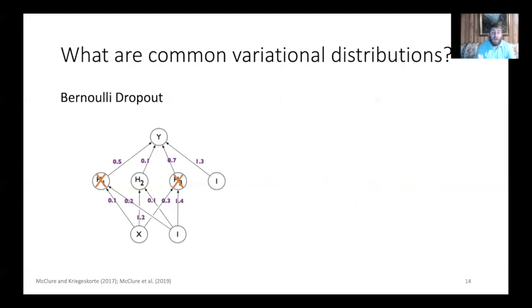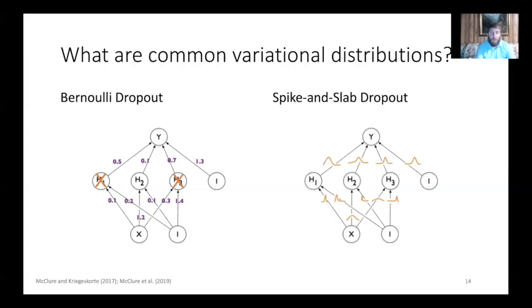So what you can do is combine both the Gaussian variational neural networks and the Bernoulli neural networks using something called spike and slab dropout, where you have Gaussian weights, but then you also apply dropout. And doing this fixes several of the theoretical issues of Bernoulli dropout. I won't go into that in this talk, but you can look at the references if you're interested in that.